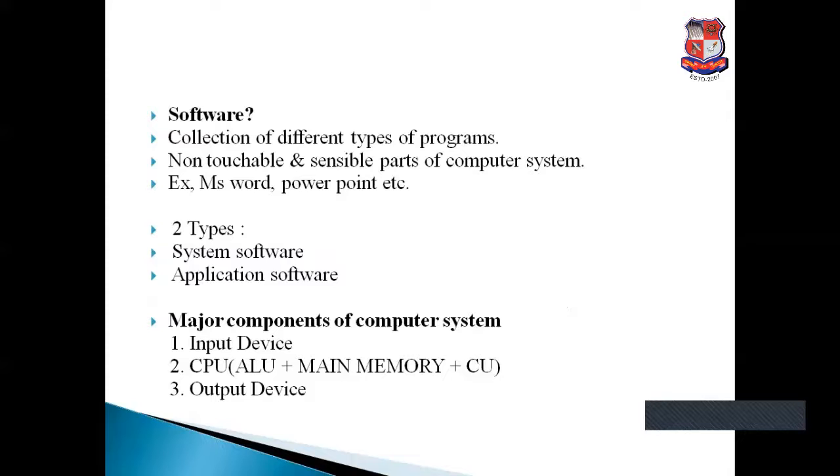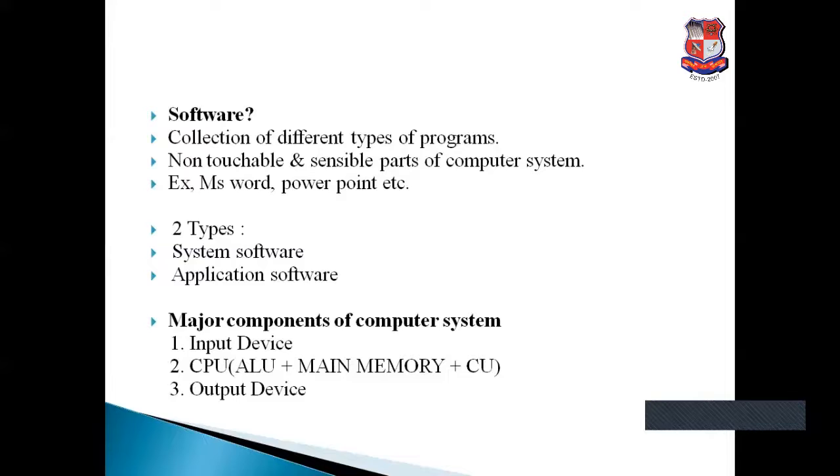The parts of a computer system that are non-touchable and non-sensible are called software, and examples are MS Word, PowerPoint, etc. There are 2 types of software: system software, which is inbuilt software, and application software, which are applications installed by individual users.